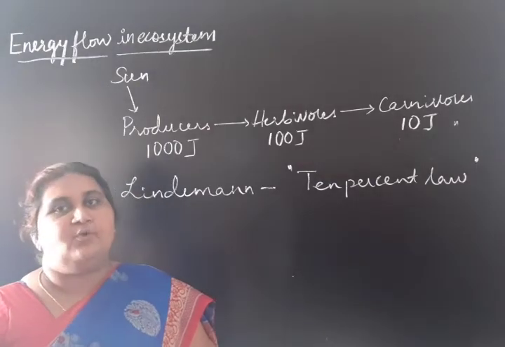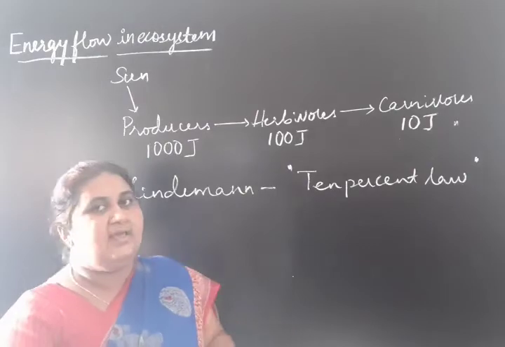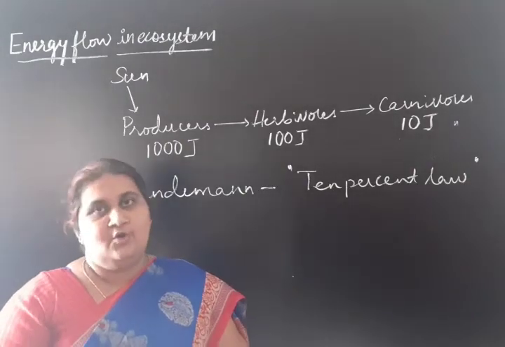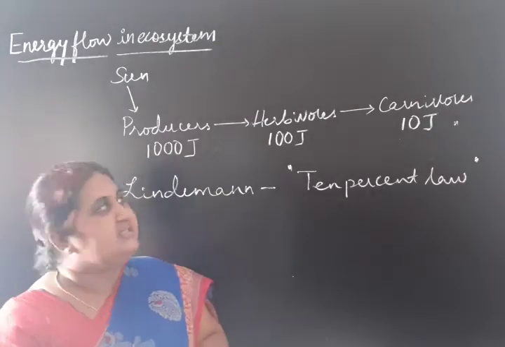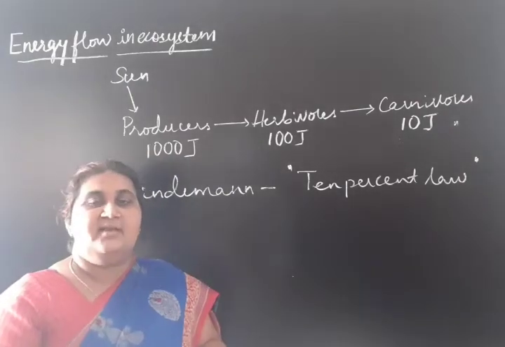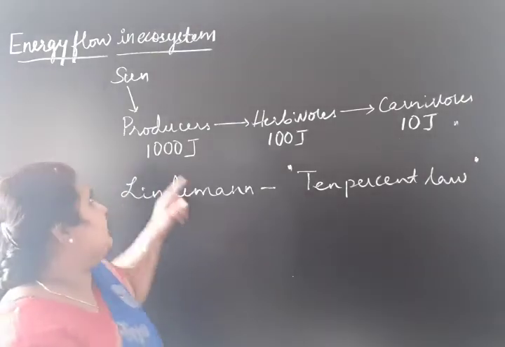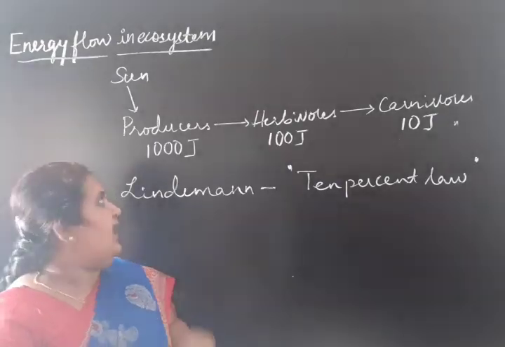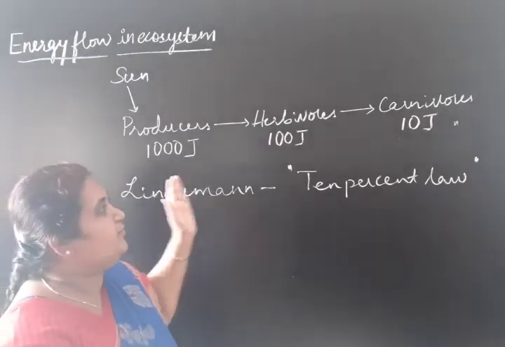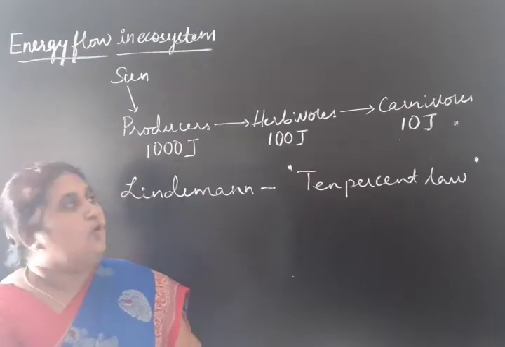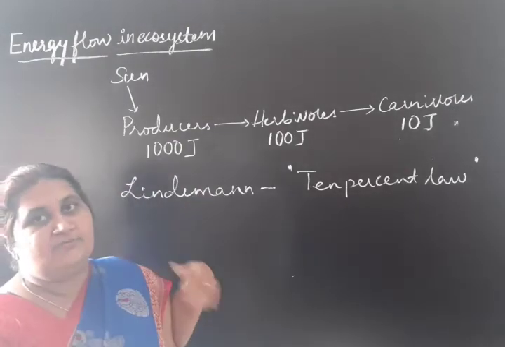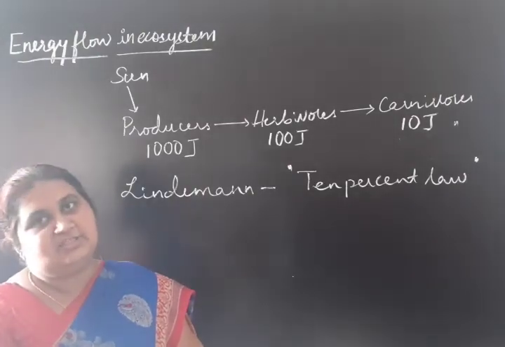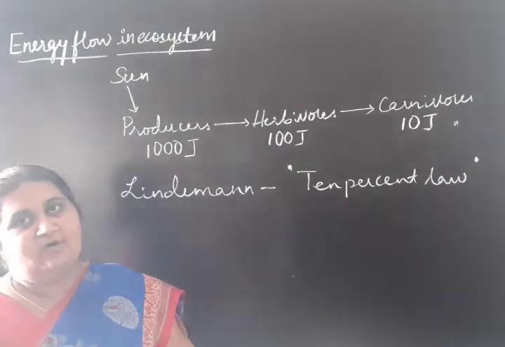So energy flow in an ecosystem is always unidirectional and follows two laws of thermodynamics. That is, energy is converted from one form to another. Solar energy is converted into chemical energy of the food, and as the energy moves from a lower trophic level to a higher trophic level, only 10% of energy is transferred and 90% of energy is lost in the form of heat.